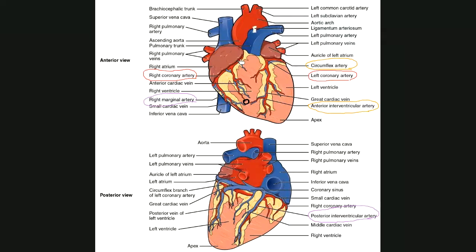This is one part of this sulcus and this is the other part, and it continues in the back of our heart too. So this line which circles our heart all around is called the coronary sulcus, and the circumflex artery is located in the coronary sulcus.